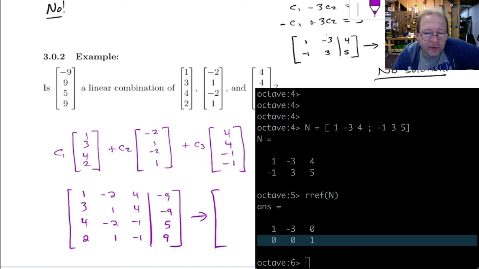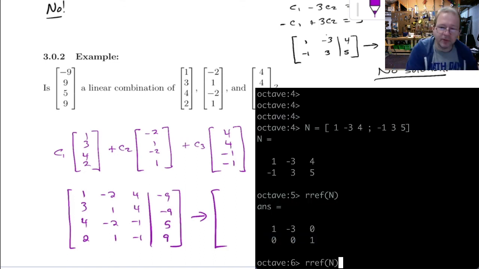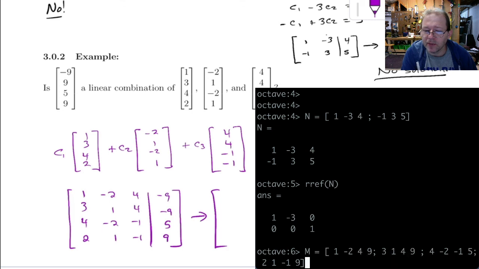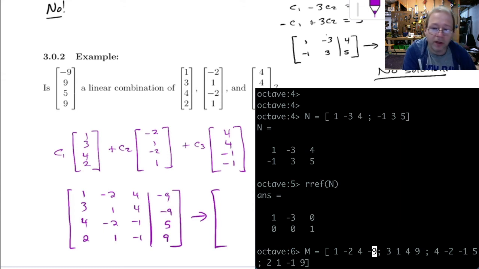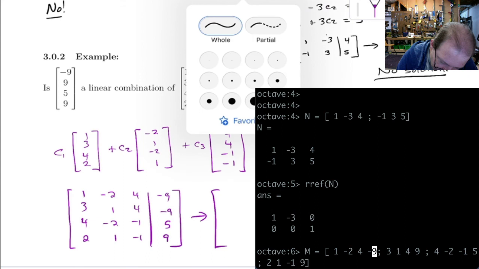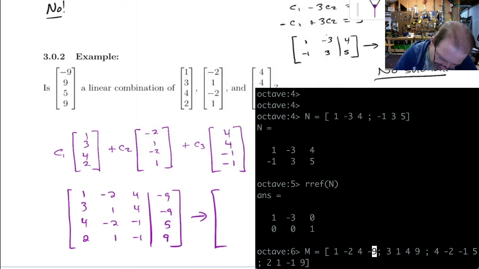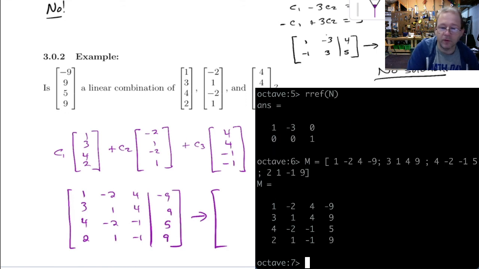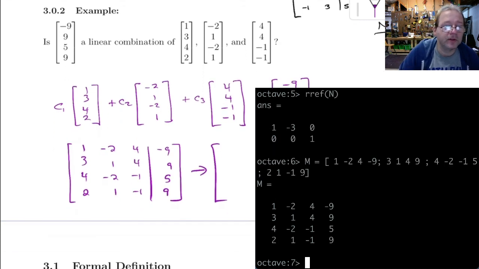So let's do this on Octave. Now I typed this one in earlier, but I think I made a mistake on it. Yeah, that top line, that should be a negative 9. And actually I've got a mistake over here. This should not be a negative there. So let's just double check that those columns match up with the vectors we've gotten.